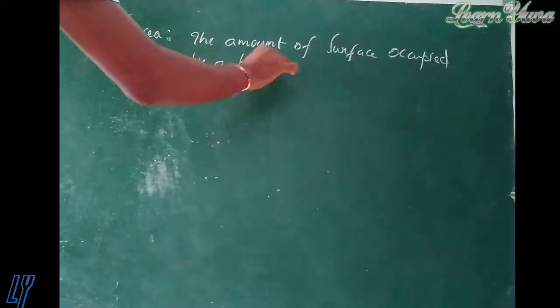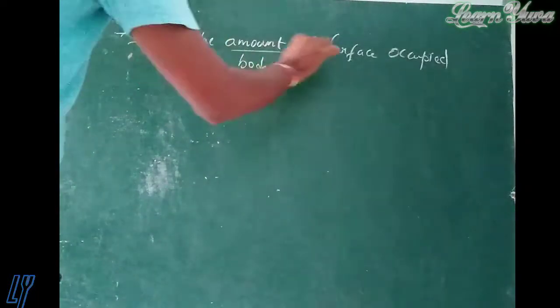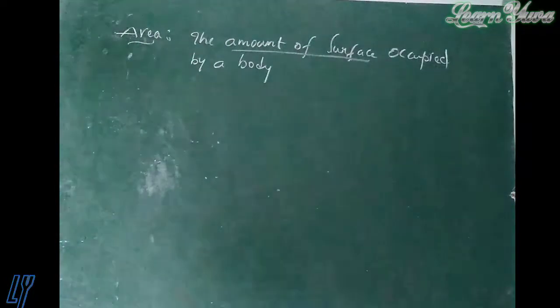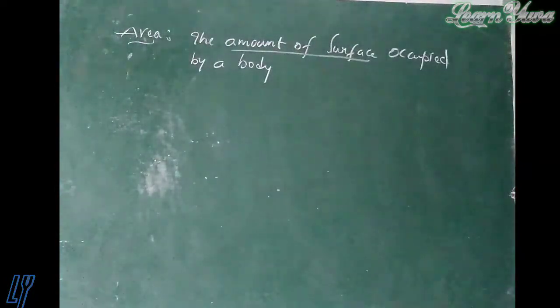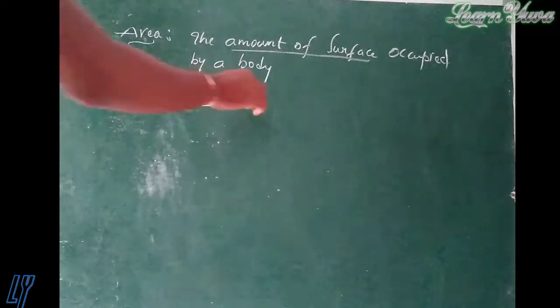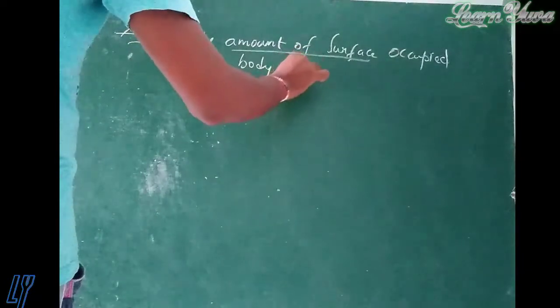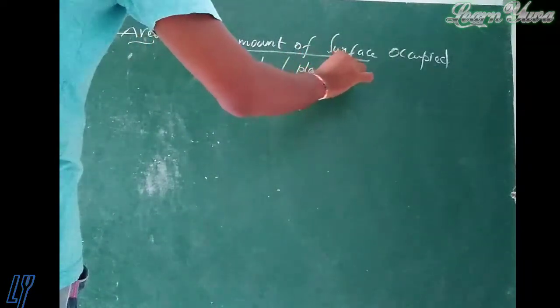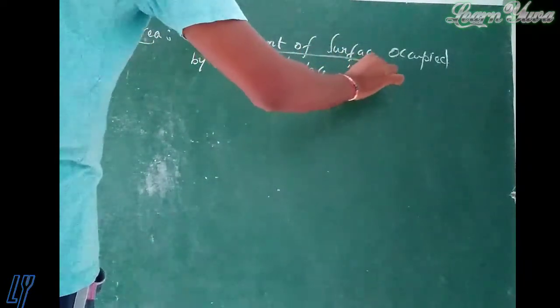So here the term is amount of surface. The amount of surface occupied by a body, right? So that body occupies a certain place, and that is called area.